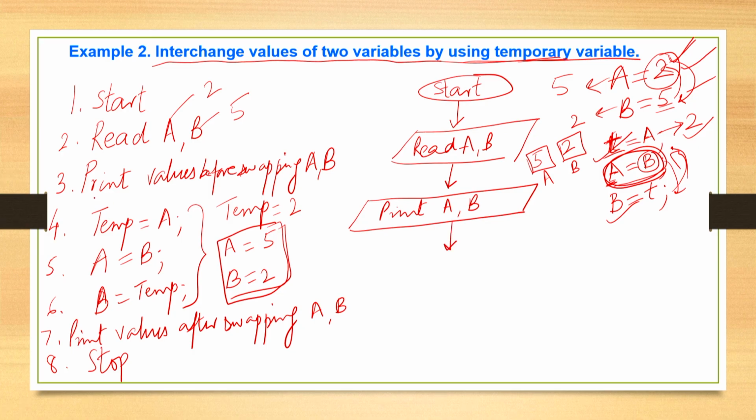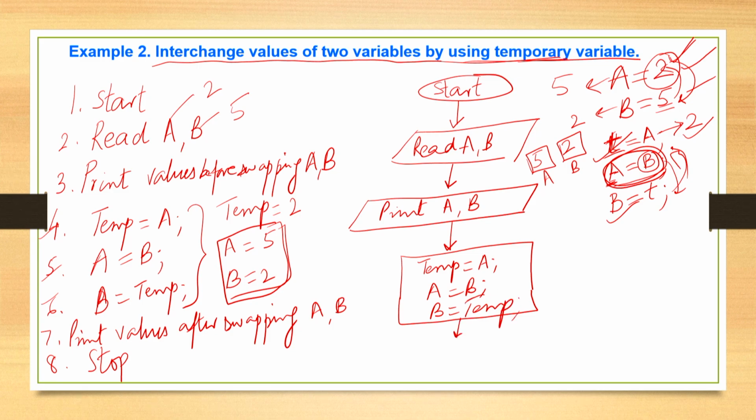Then these steps 4, 5 and 6 are there. I can combine them together and put them in a single box. So it says what? TMP is equal to A, A is equal to B and B is equal to TMP.